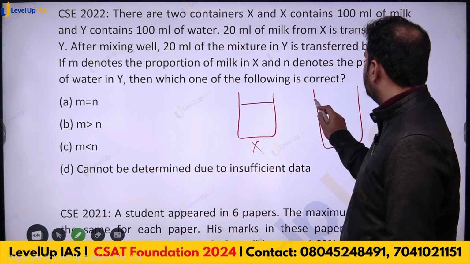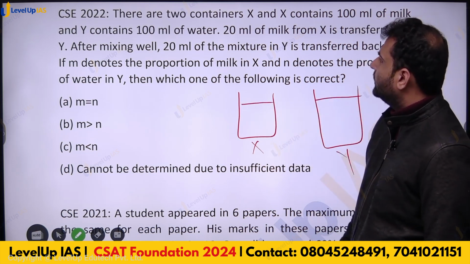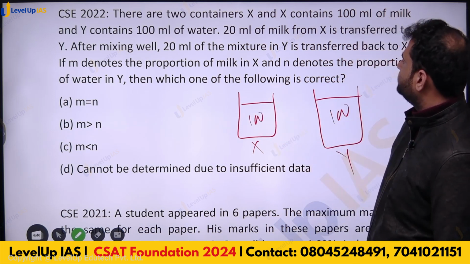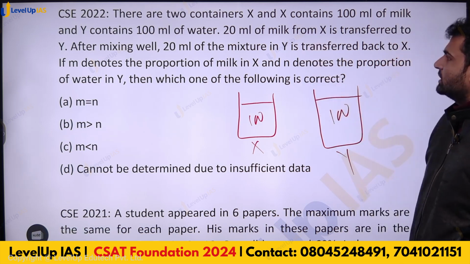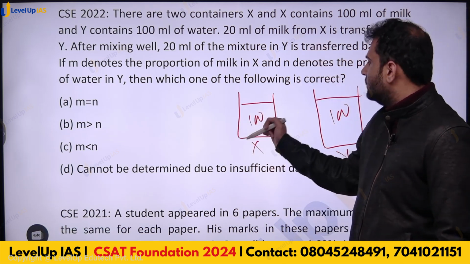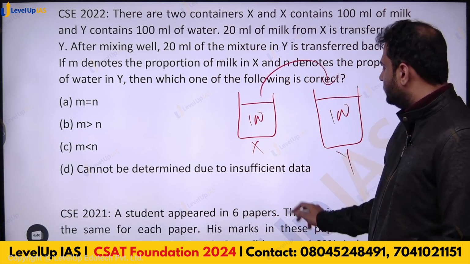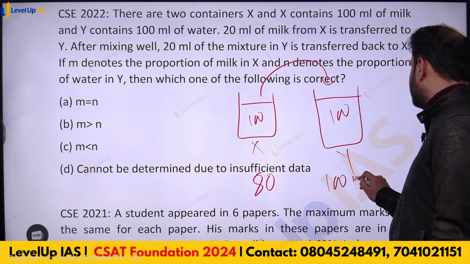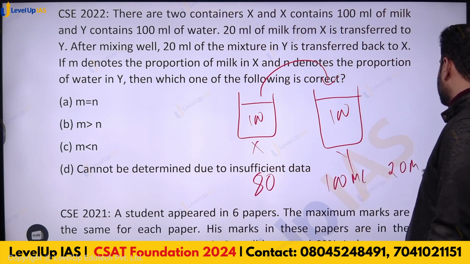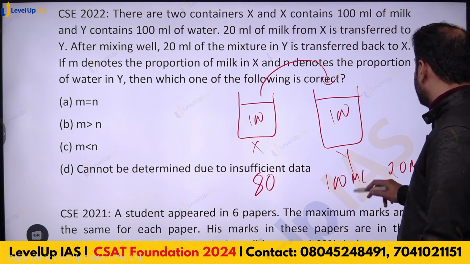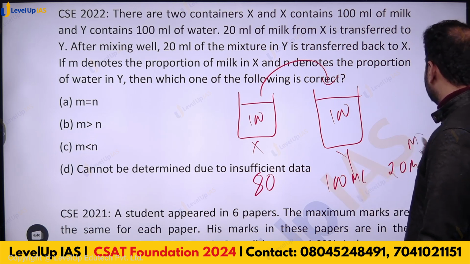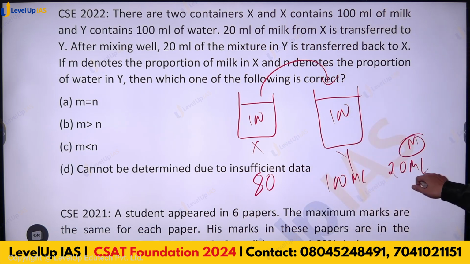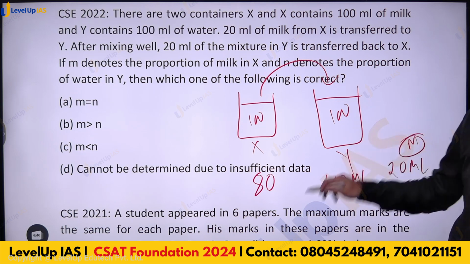So here we have 100 ml of milk and 100 ml of water. 20 ml of milk is transferred to Y. So 20 goes from here to here, 80 ml milk remains here, and here we have 100 ml water and 20 ml milk. Out of this 120 ml, 1/6 is milk.